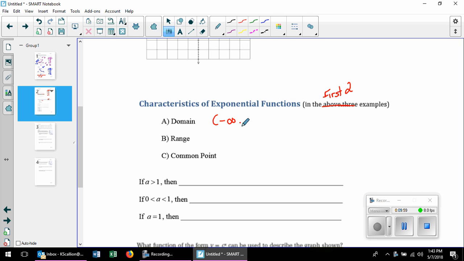What's your range? Inclusive or not inclusive? Not inclusive. That's weird. We usually don't have that, right? But it's that asymptotic behavior. What's the common invariant point? 0 and 1.